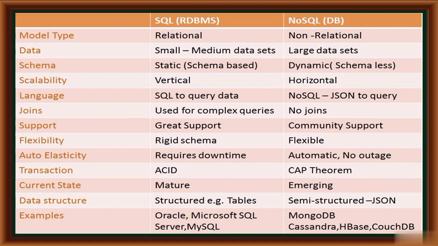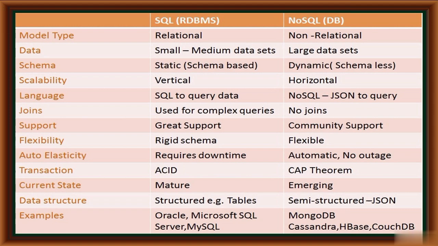NoSQL databases are still an emerging technology, and still growing. The data structure for traditional databases is a structured format, and the data is stored in tables and well organized. With NoSQL databases, the data is either unstructured or semi-structured, and is stored in JSON.